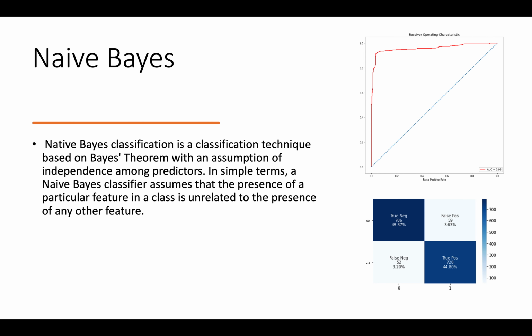This model has a slightly lower AUC, 0.96, but it's still pretty good. We could also have a look at our true negatives and true positives, which are all more than 45%.